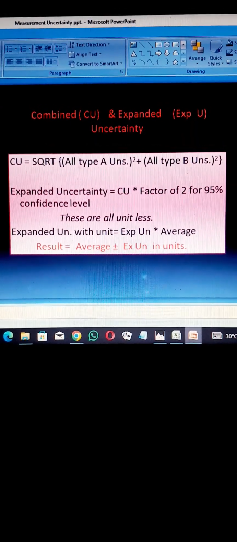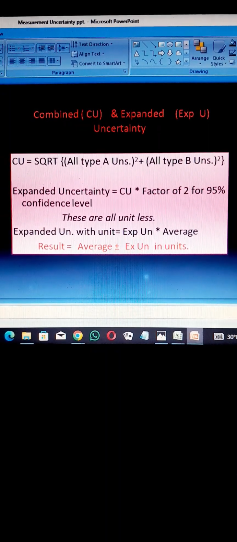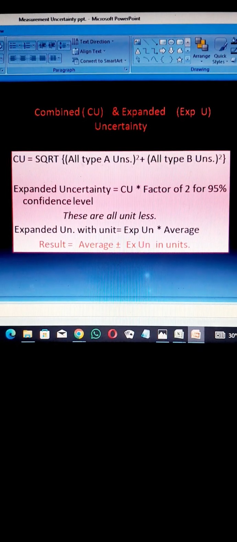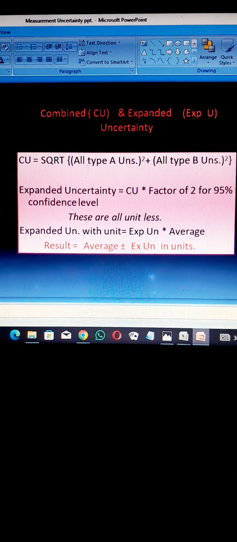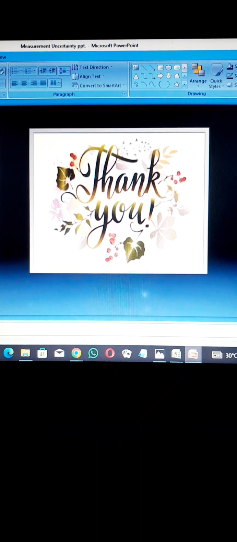And these are all unitless. Expanded uncertainty with unit is expanded uncertainty into average. So the result is average plus or minus expanded uncertainty in units. So this is all about uncertainty.